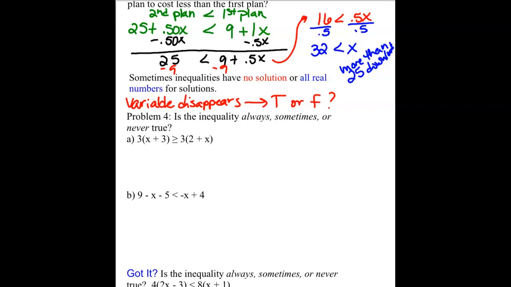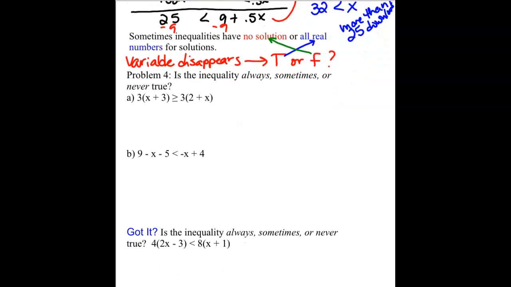All right. If we have a true statement, we have all real solutions. If we have a false statement, we get no solution. So is the inequality always, sometimes, or never true?